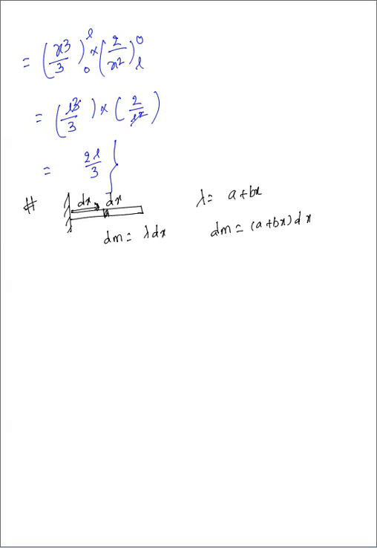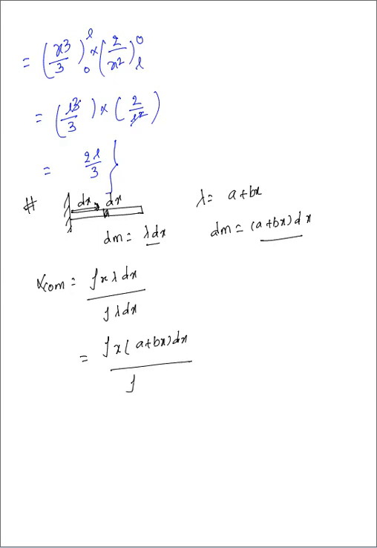So observe carefully, xcom can be written as integral x lambda dx divided by integral lambda dx. Substitute the lambda dx value here: integral x into a plus bx into dx divided by integral a plus bx into dx.